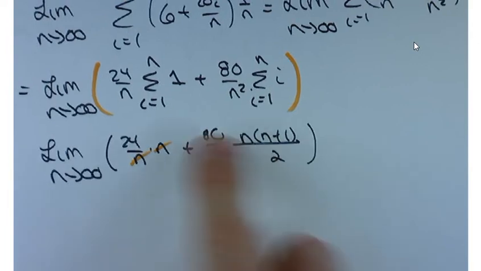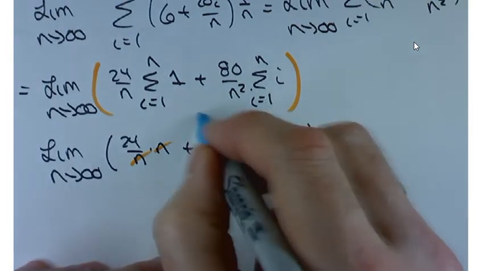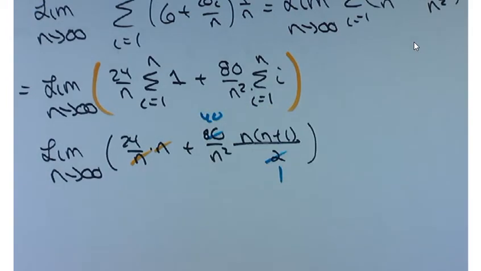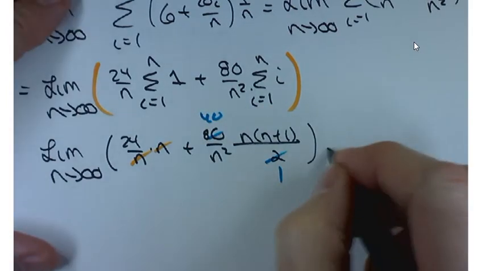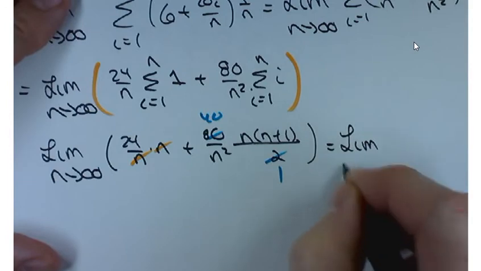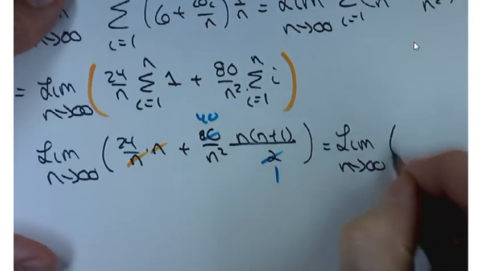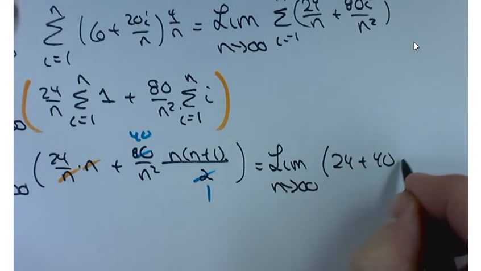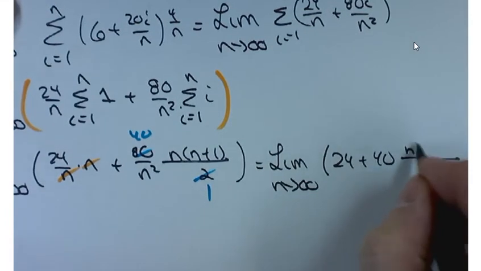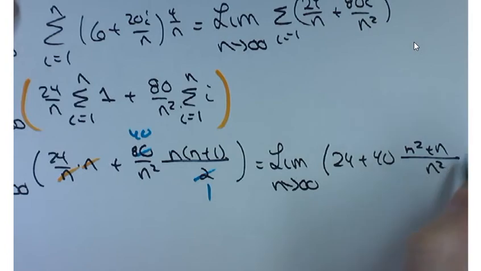Over here, I get some more cancellation, right? This cancels and this cancels, gives me 40. So I've got the limit as n approaches infinity of 24 plus 40 times n squared plus n over n squared.